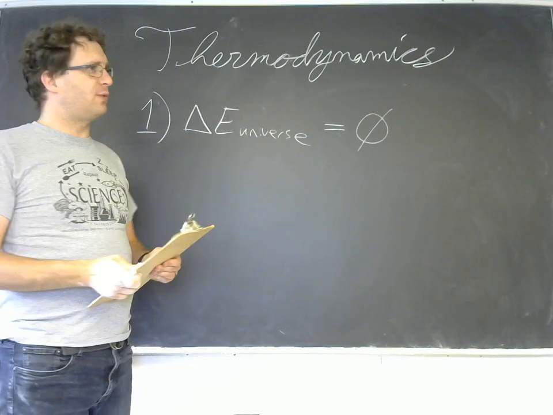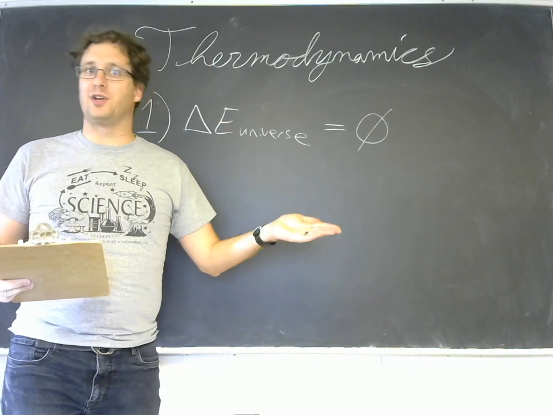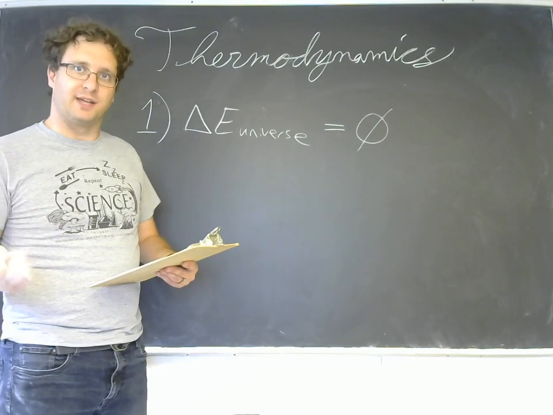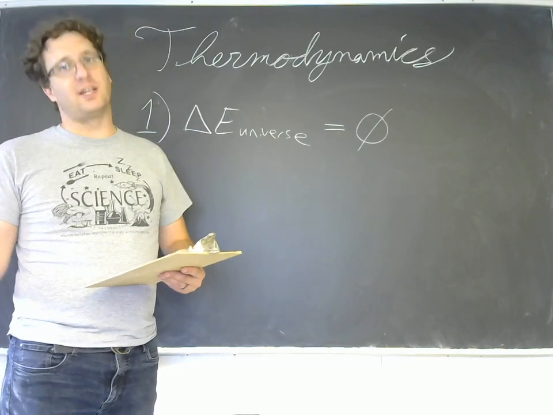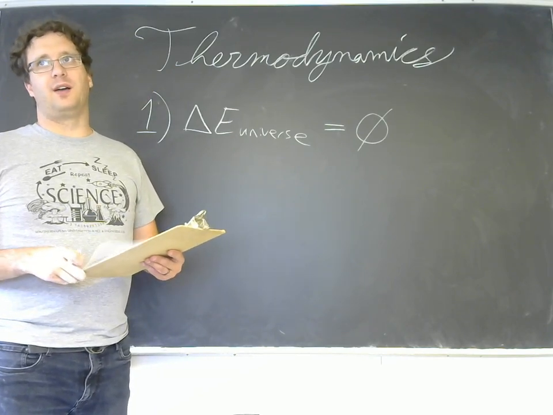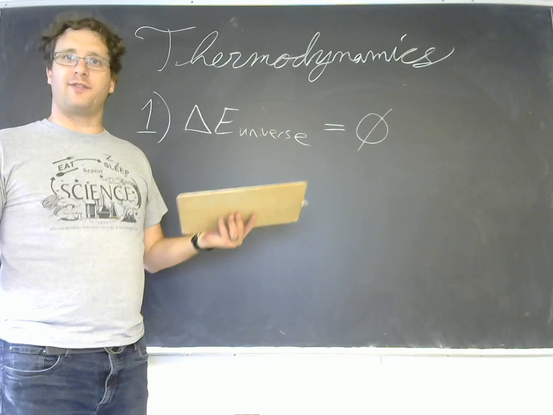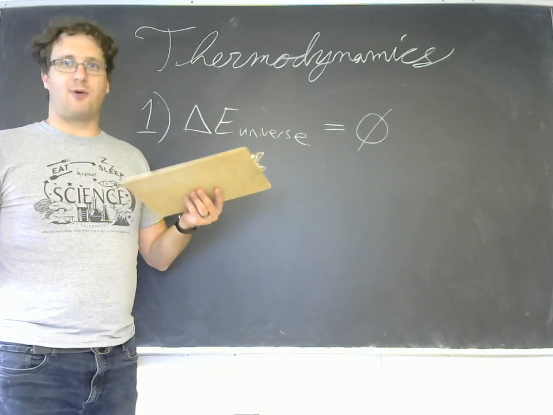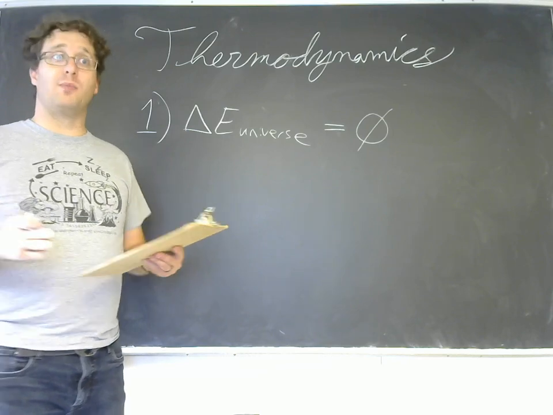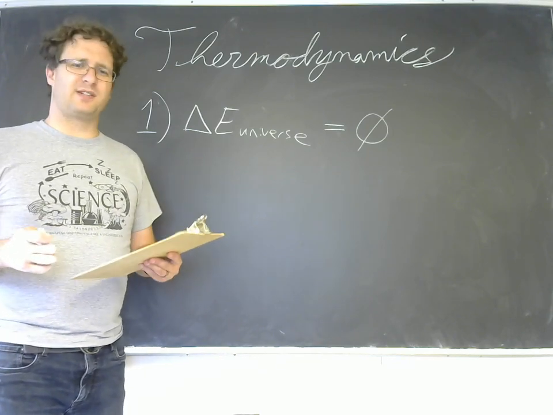Certainly we can generate heat by burning fuel, but that energy was always there already in the first place, in the form of chemical potential energy. We could consume a lot of energy, say by powering our car or by heating our home. That energy doesn't disappear into nothingness.